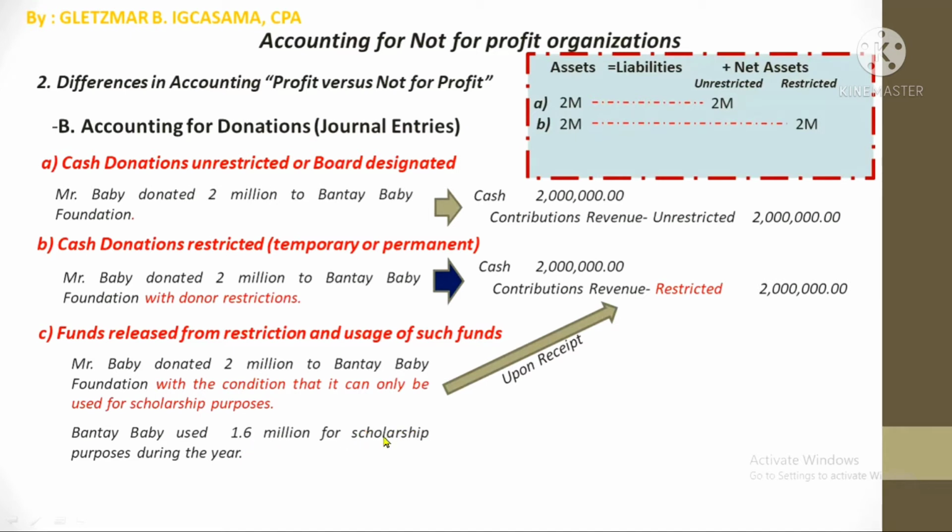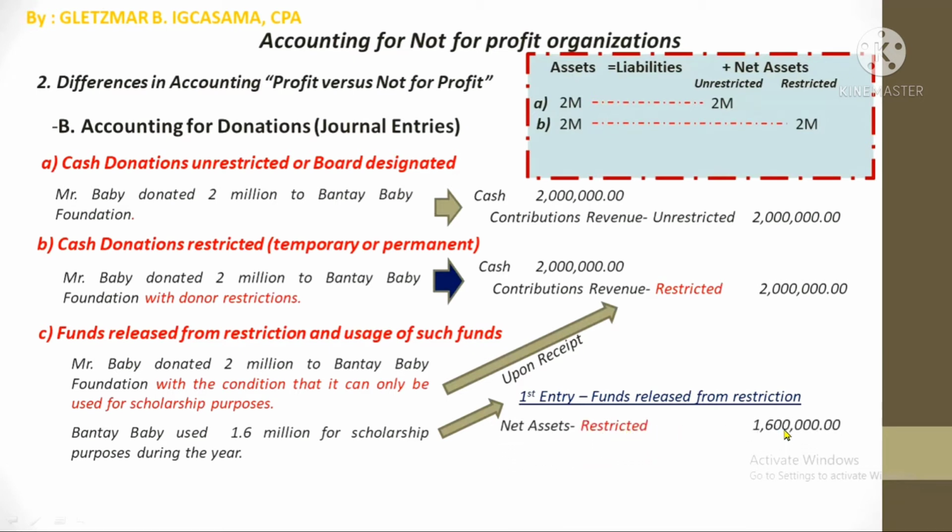So what will happen now? Actually, there are two sets of entries here. The first set is the entry relating to the release of funds from restriction, which is debit net assets restricted 1.6 million to decrease the restricted fund. But the credit is net assets unrestricted to increase the unrestricted fund, of course.